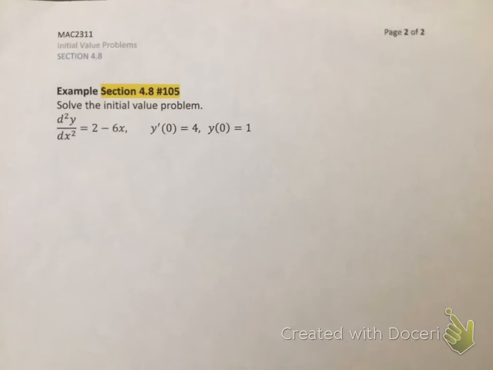The second and last problem in this section is to solve the initial value problem you're given on page 2 of your notes, but you need to notice that you are given a second derivative.